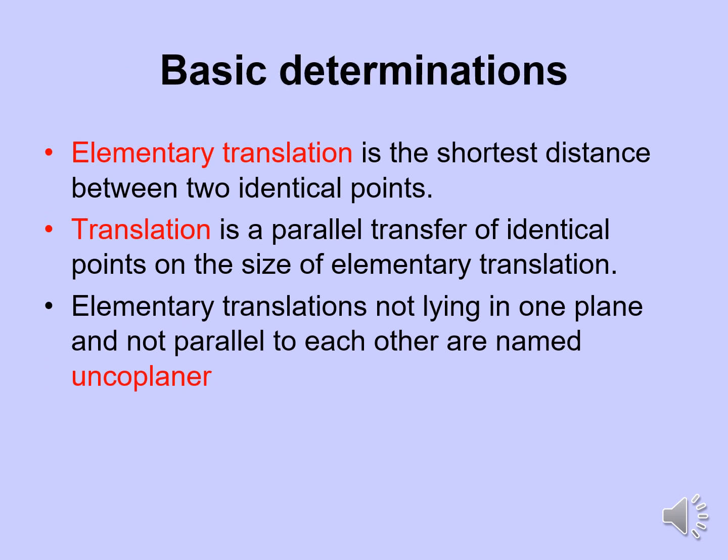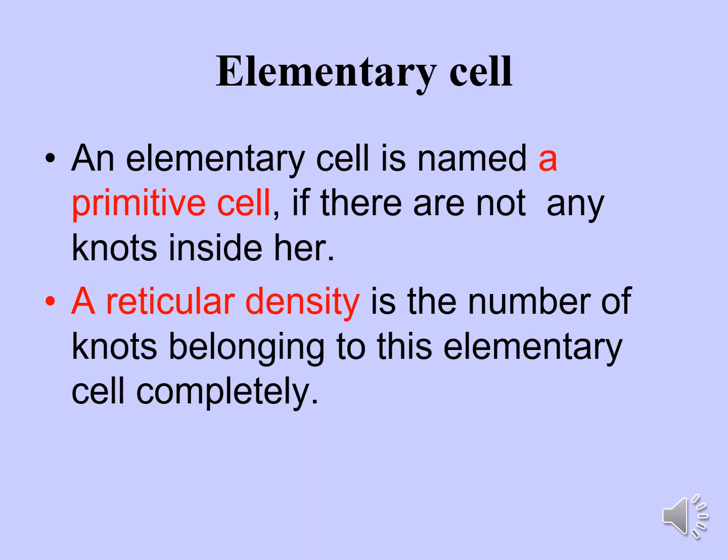Here you can see the basic determinations: what the elementary translation is, what the translation is, and what the non-coplanar translation is. These determinations are very important, so it is necessary to remember them. What is the elementary cell?